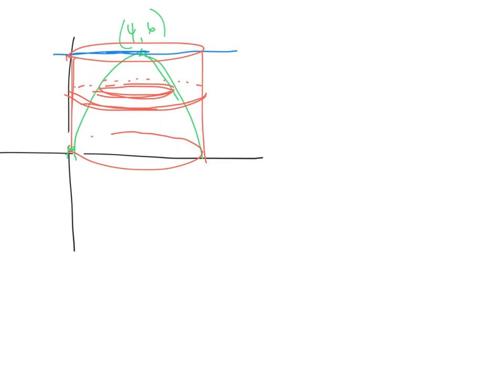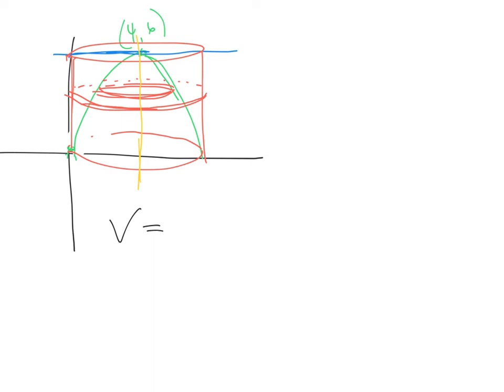So the larger circle radius in this case is going to be my, let's go ahead and put a vertical line at the line x equals 4, because that's my center, or my axis of rotation. My radius I have to think of as coming from that point.